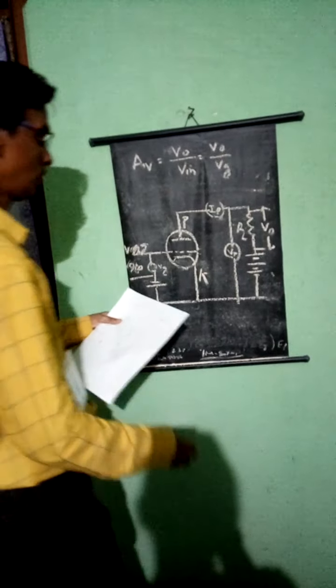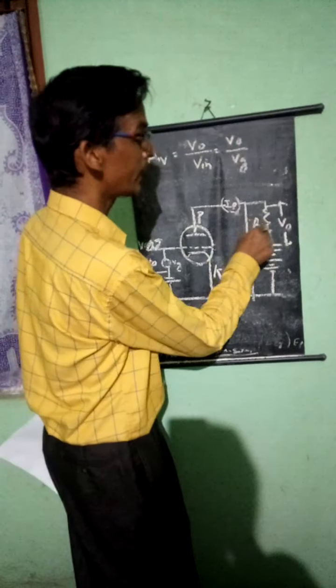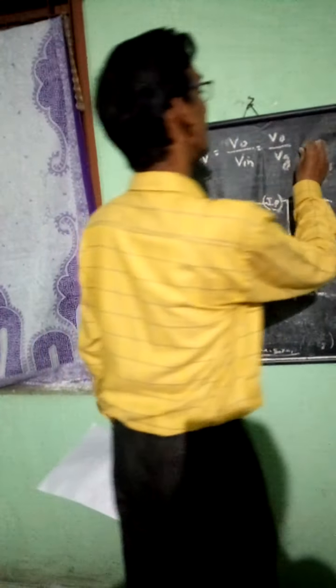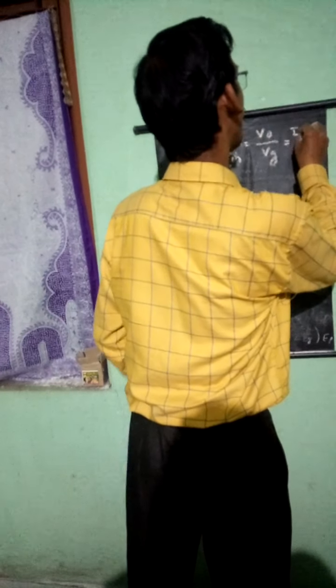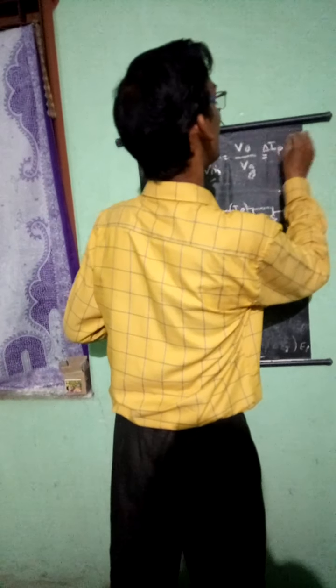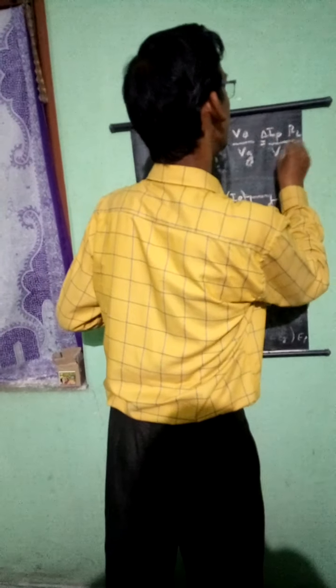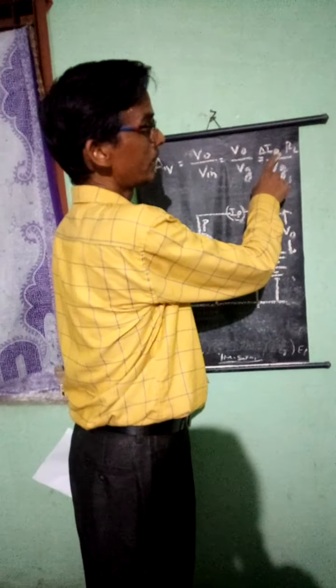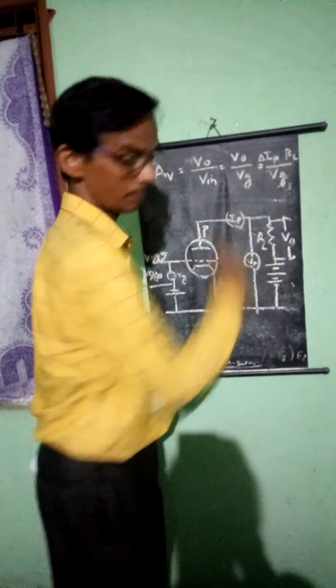Here V naught depends on how much plate current flows. Applying Ohm's law, V naught is equal to delta IP into RL divided by Vg. Delta IP is the change in plate current, multiplied by the load resistor, divided by Vg.